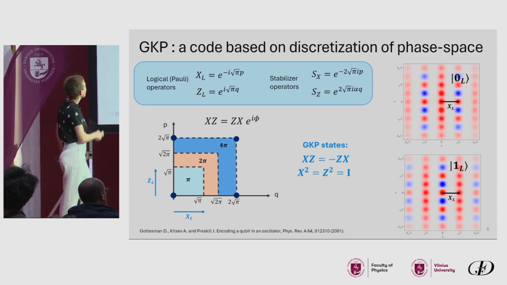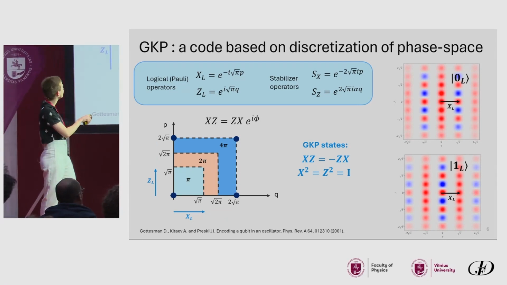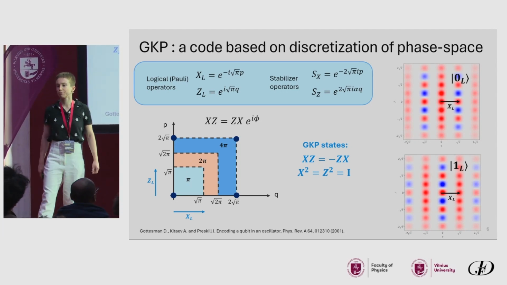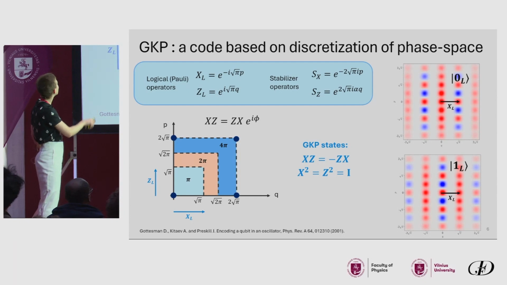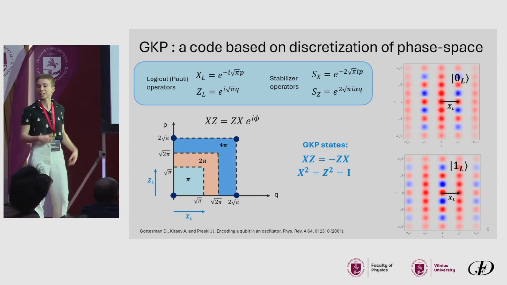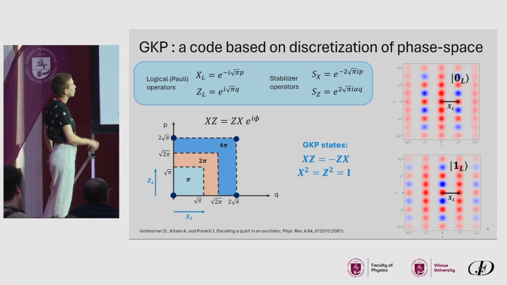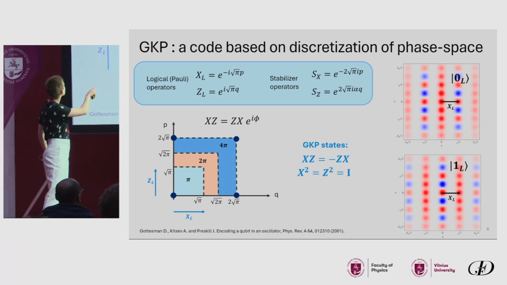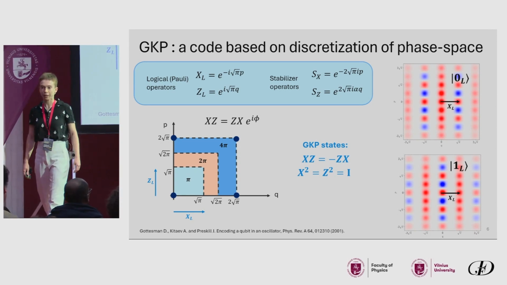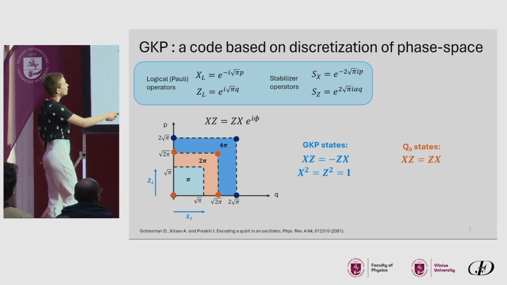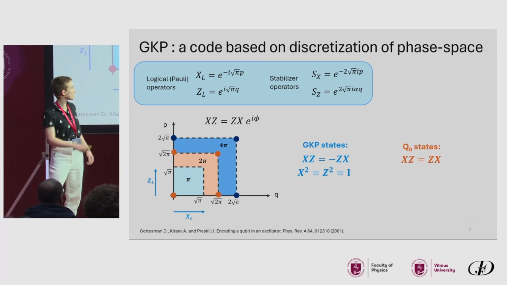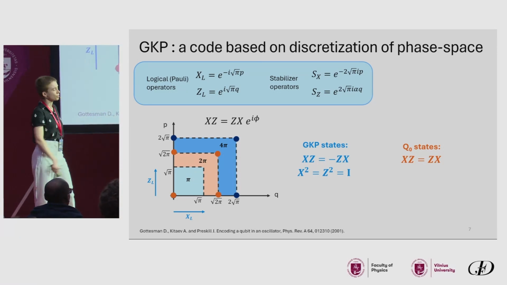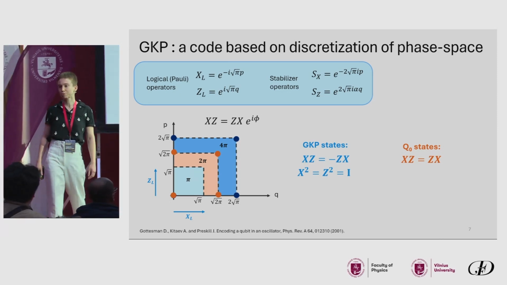Now, in their paper, Daniel Gottesman, Alexei Kitaev, and John Preskill also considered other types of geometrical phase. In particular, what if you define a grid such that this phase is exactly 2 pi? It turns out the smallest grid you can define is taking alpha equals root 2 pi. And if you do that, you have states such that those operators X and Z exactly commute.